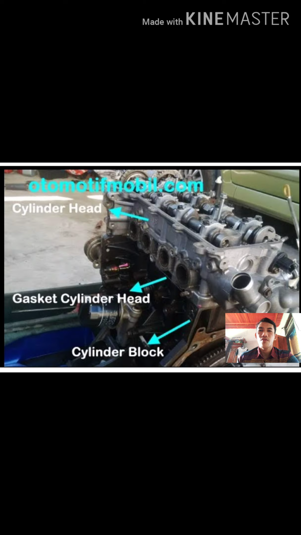The location of the cylinder block is right in the middle of the engine. The bottom is closed by the carter and the top is also closed by the cylinder head.